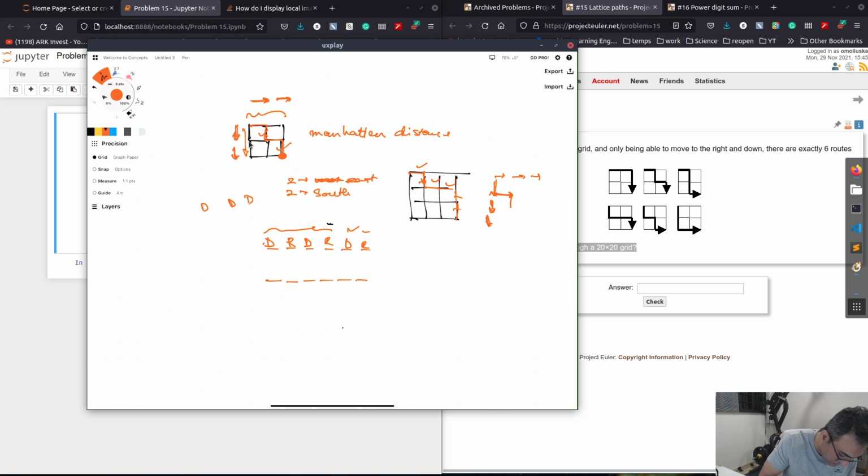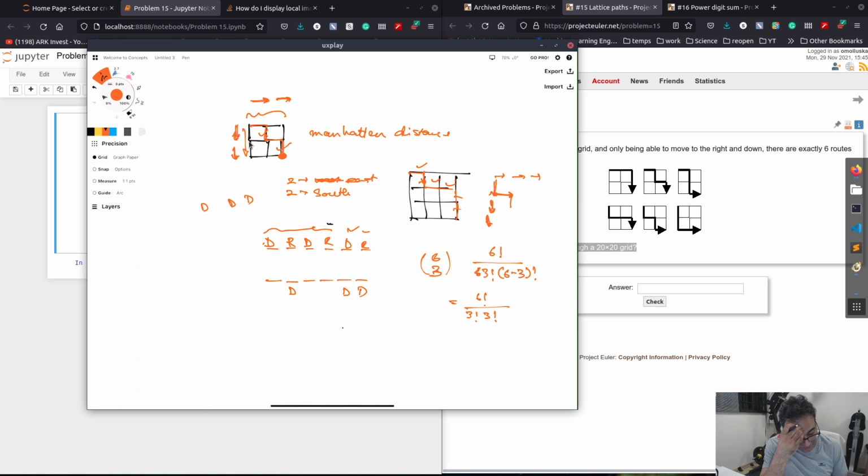So you can choose to go down anywhere. That is 6 choose 3, a combination. So this is 6 factorial divided by 3 factorial times (6 minus 3) factorial, which is equal to 6 factorial divided by 3 factorial times 3 factorial.